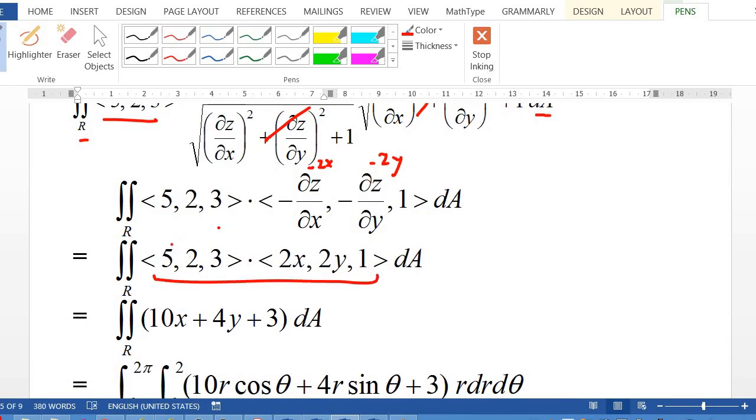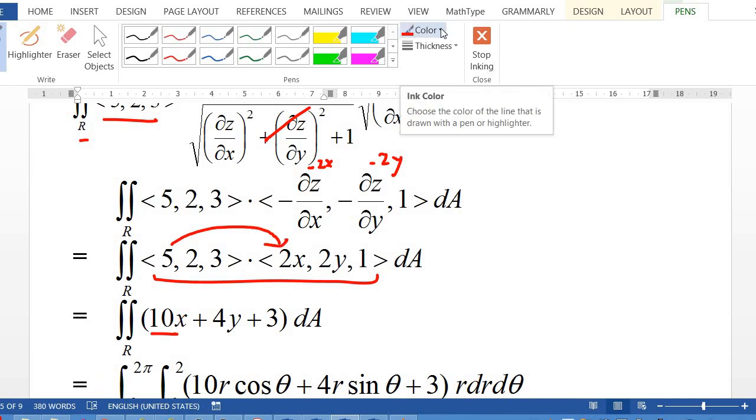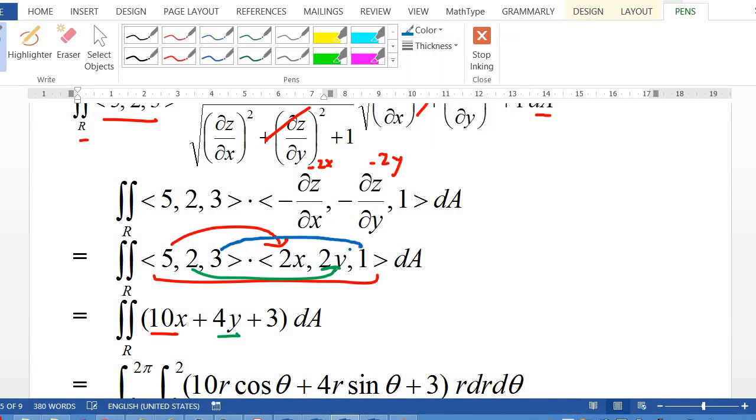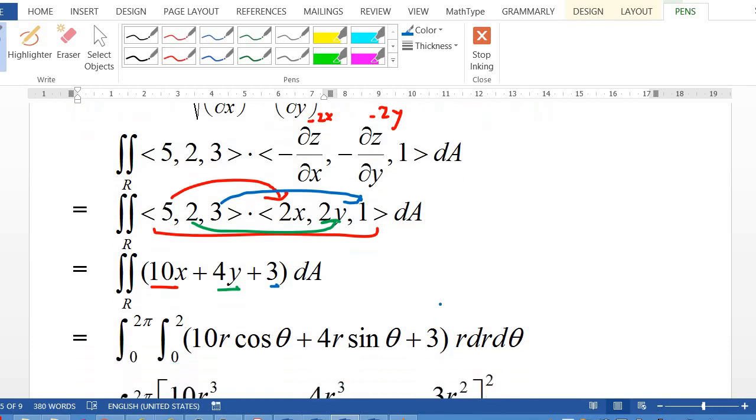So 5 times 2x, you got 10x. For component j, 2 times 2y, you have 4y. Then 3 times 1, so plus 3. So now it becomes the double integral of (10x + 4y + 3) dA over region R.